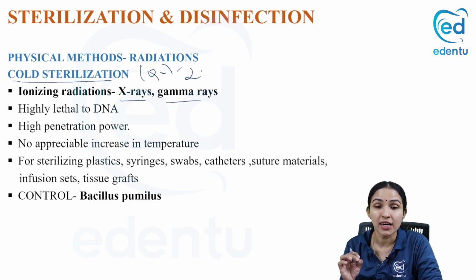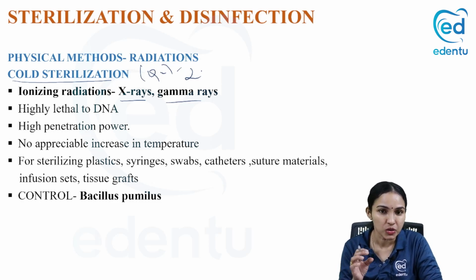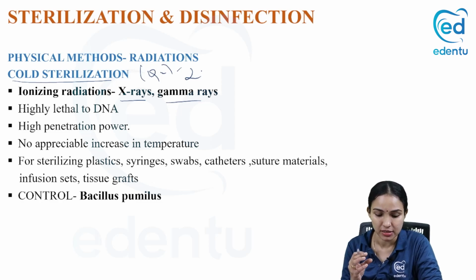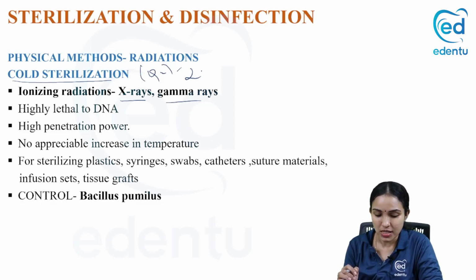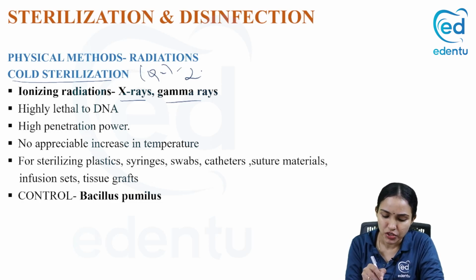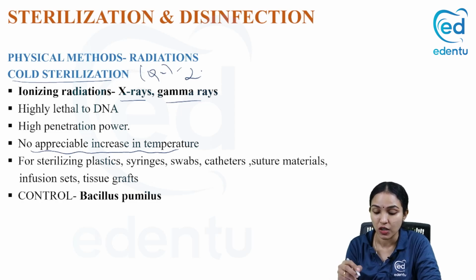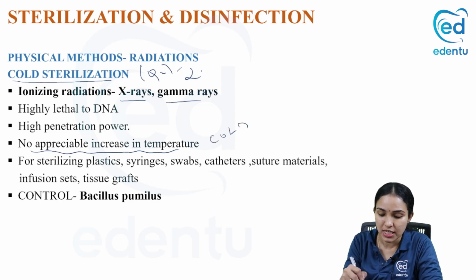And they have very high penetration power, so they are a very good sterilizing method. Why is it called cold sterilization? Because there is no appreciable increase in temperature. That is why it is called the cold method of sterilization.